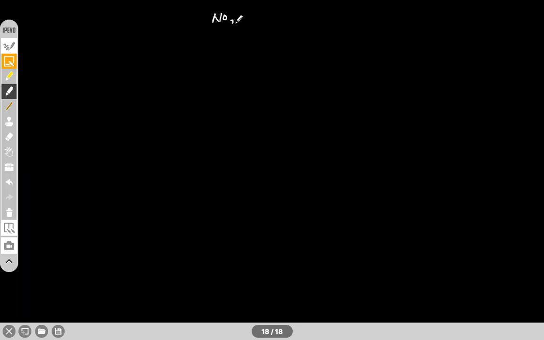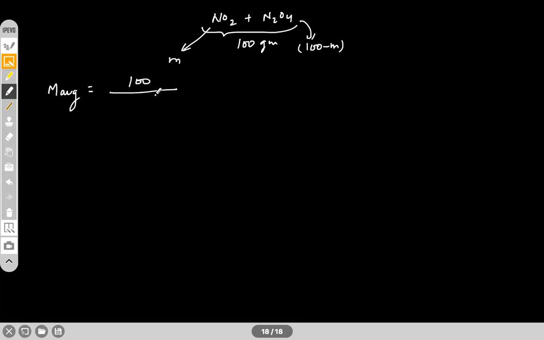Now you see the next part where you have to find out the mass percent. So what I assume, we have NO2 and N2O4 and total mass I have assumed 100 gram. If this is M, then this will be 100 minus M. So M average is equal to total mass 100, divided by number of moles of NO2, which is mass divided by its molecular mass 46, and the moles of N2O4, its mass divided by its molecular mass, that is 92.